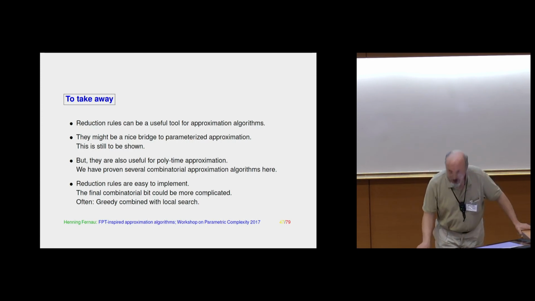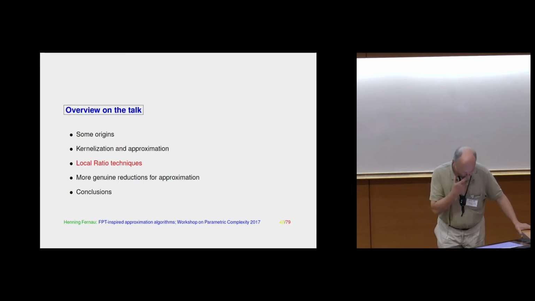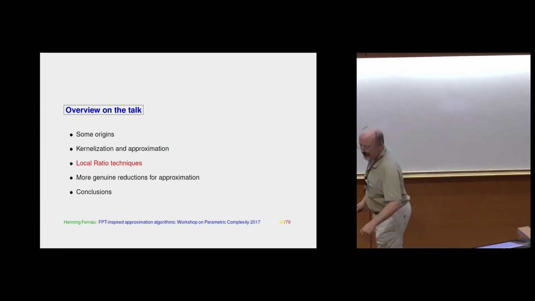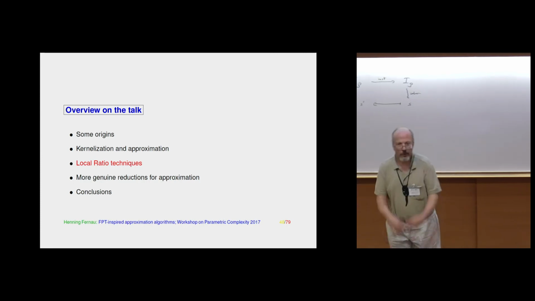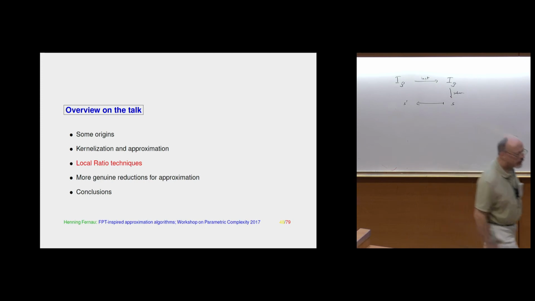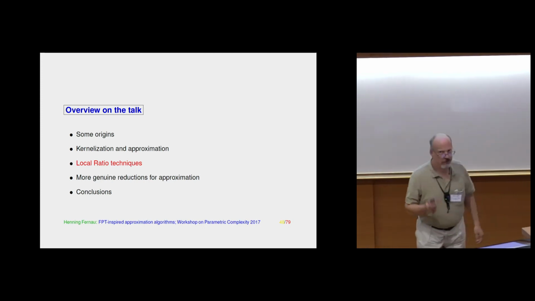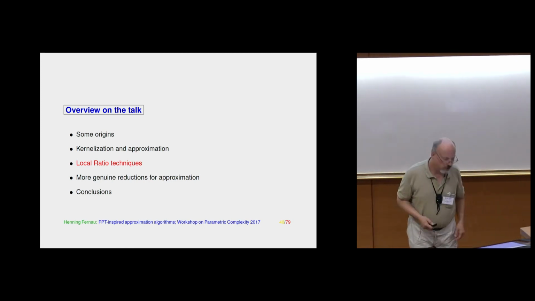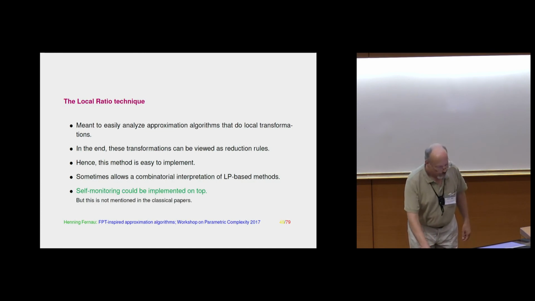Okay, so the next thing I still want to go on with is, well, admitting to some extent that everything I want to tell you so far as a general message, that reduction rules could be nice for approximation, it's not that new for the approximation guys either. From quite some time, you might have heard of local ratio theorems, local ratio techniques.